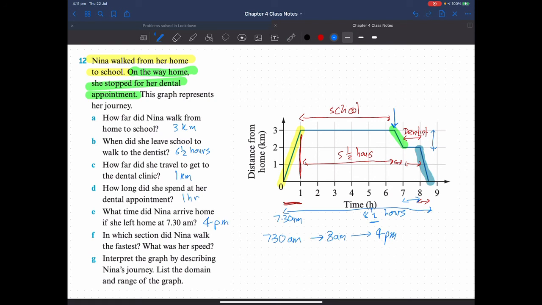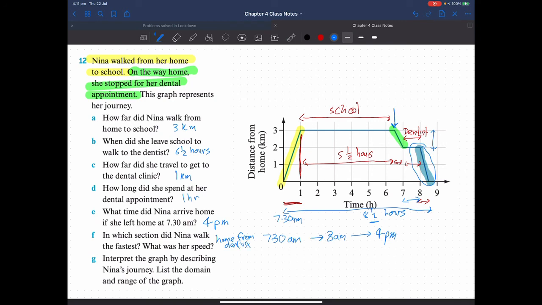So she would have arrived home at 4 p.m. In which section did Nina walk the fastest? So we look to see where the line is the steepest. The line is the steepest where she has left the dentist and returned home. So, home from dentist. It asks us what was her speed there.